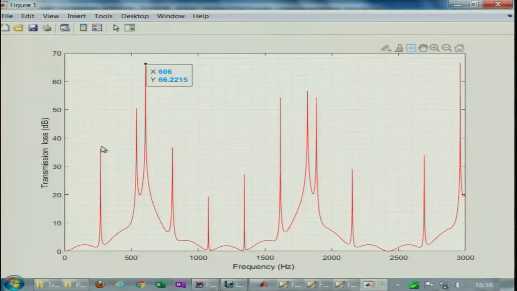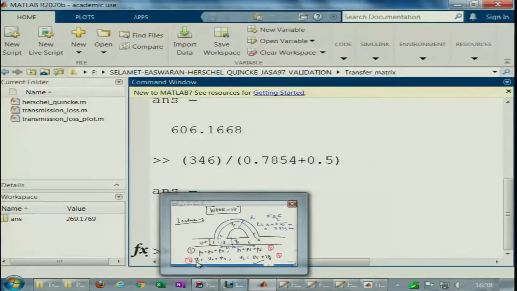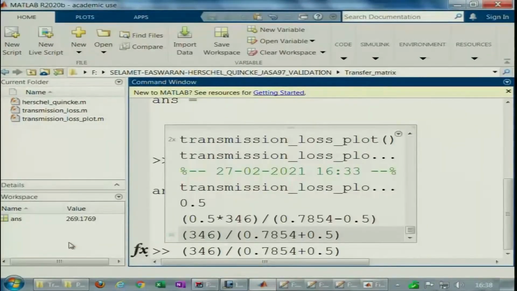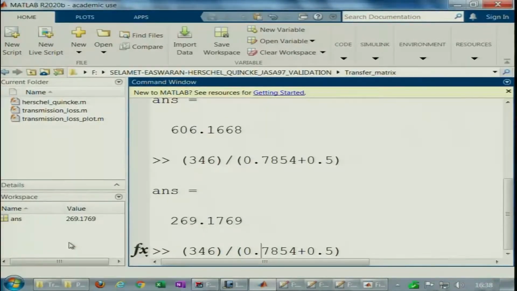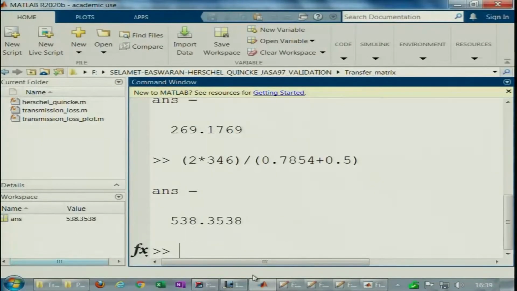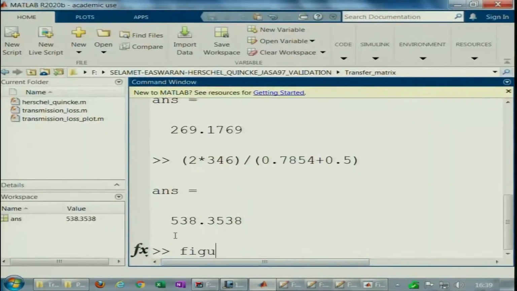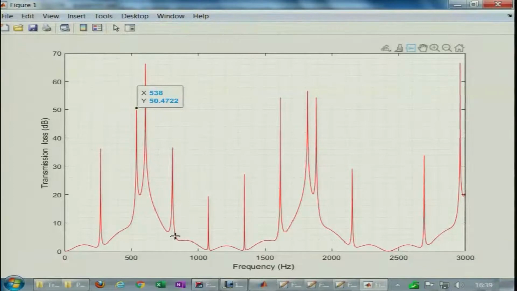So, you are getting a peak at 269, and the other one is probably a multiple of that, which is nothing but if you just multiply the numerator by 2, you should be fine. So, this is the 538 that we are getting. Like this we can completely cover the entire thing. Now, we can figure out why these peaks are occurring wherever they are occurring. Another way to compute this is using a connectivity matrix approach.